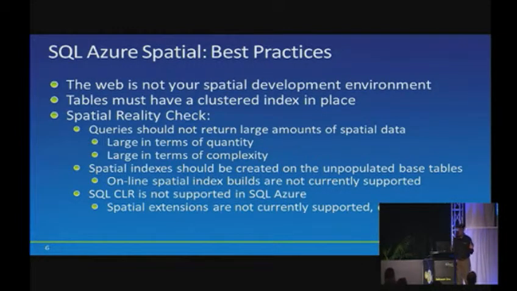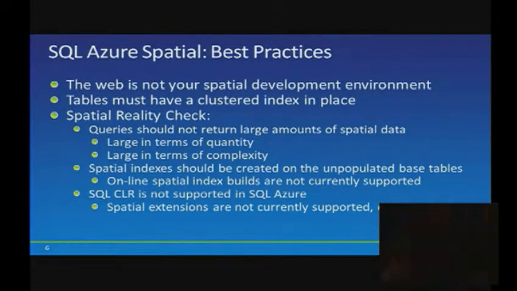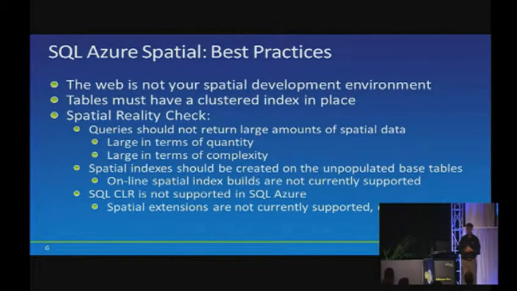Now, a spatial reality check. You do not want to return large amounts of data. The SQL Server in the cloud, SQL Server in the data center, in a few milliseconds can return more information back than the best Ajax, Flash/Flex, or Silverlight application can consume. You can overwhelm this.